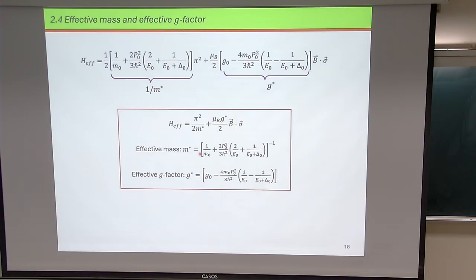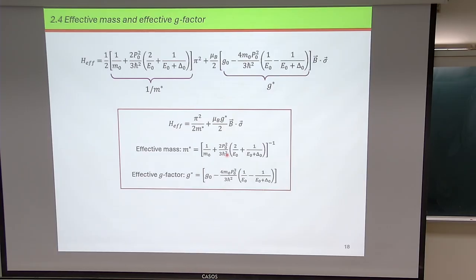We call it the effective mass, and it's given by this term here. As I mentioned before, we can measure E naught and delta naught from absorption experiments, but this value of P naught, which is related to the momentum matrix element, you can also get from the strength of the absorption.